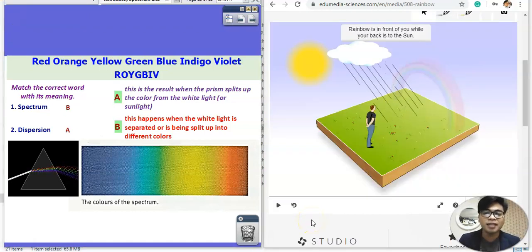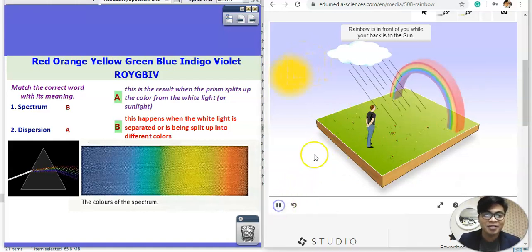So how does this dispersion take place, and how do we produce the spectrum of light? Naturally in nature, when we don't have the prism, we have actually the rain or the droplets of water. We're going to take a look here at the phenomenon of how the spectrum of light is produced naturally.